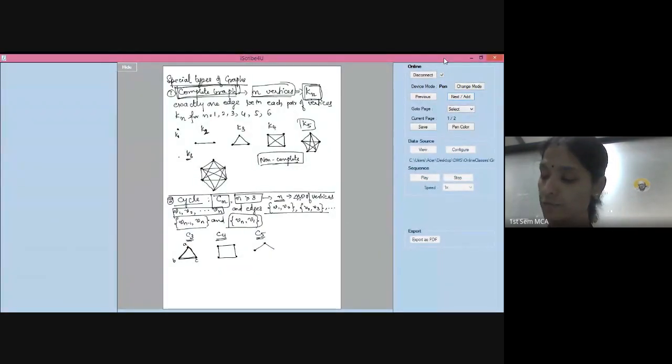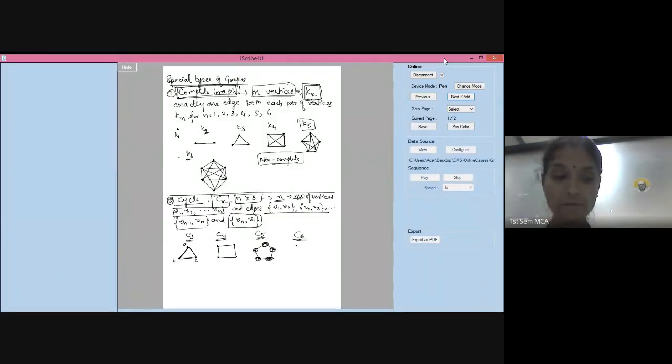Let me put on the vertices first. Okay, all the vertices are connected. V1, V2, V2, V3, V3, V4, V4, V5, V5, V1. So that's how it gets connected.